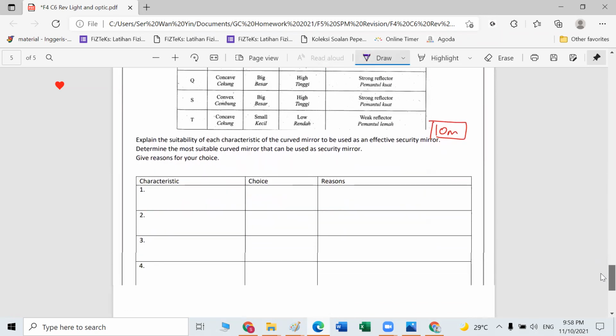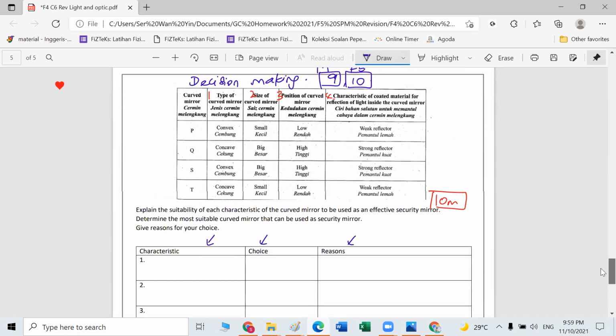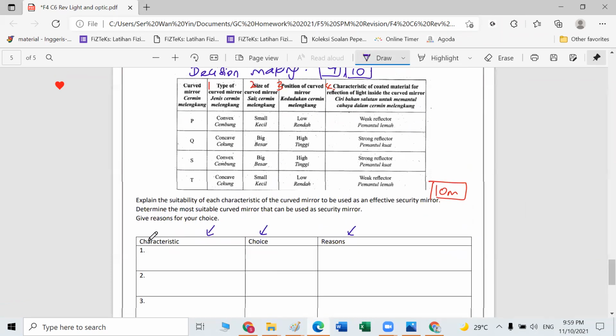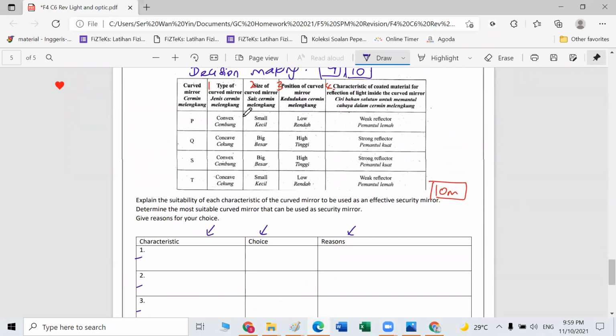Okay, so now when we answer, I prefer you draw the table with 3 columns. 1, 2, 3. Okay, so now characteristic is, see, 1, 2, 3, 4. We got 4 characteristics. Number 5 is your choice. So always make sure you got 3 columns, 5 rows, 6 rows. Very good, Kayan. So number 1, type of curved mirror.